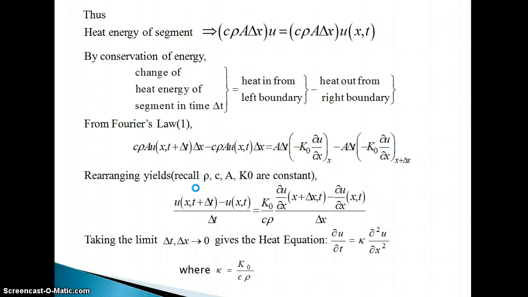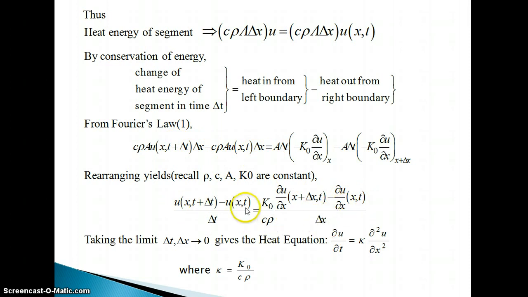We can write this as u of x comma t plus delta t minus u of x comma t, divided by delta t, is equal to k naught by rho c times dou u by dou x at x plus delta x comma t minus dou u by dou x at x comma t, divided by delta x.